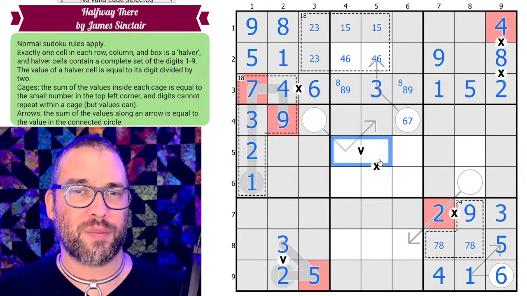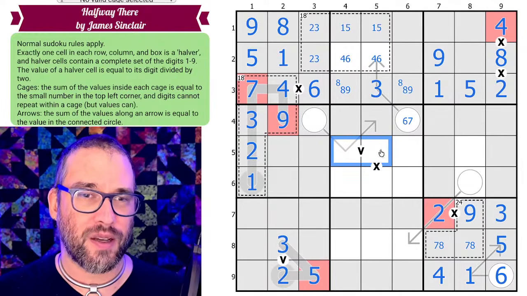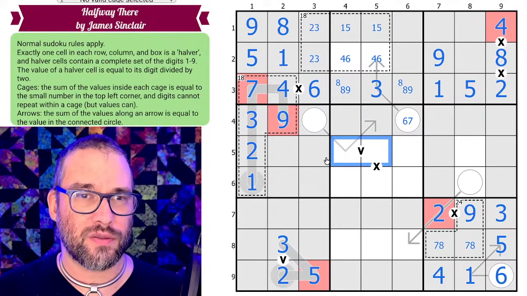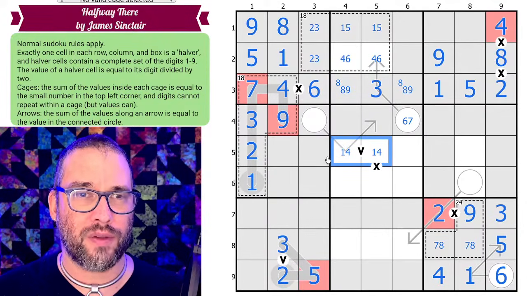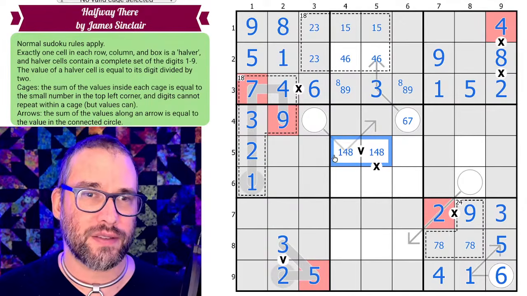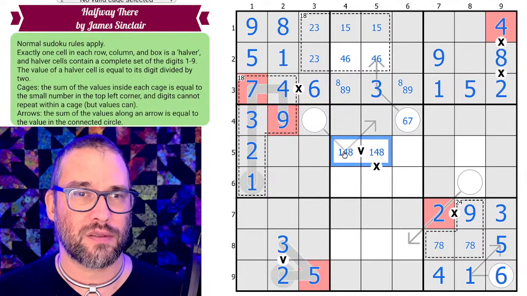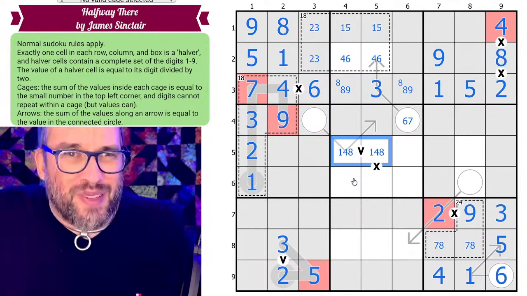Right, this can't be 2, 3 in any configuration. So it definitely includes a 1 with a 4 or a halved 8. For sure. James is correct, I believe.